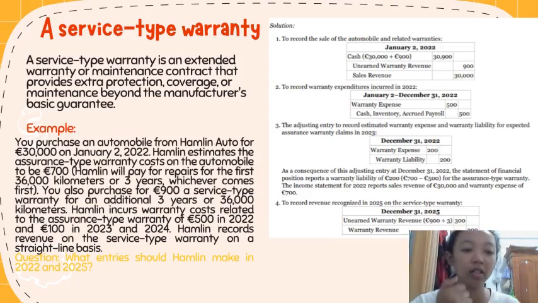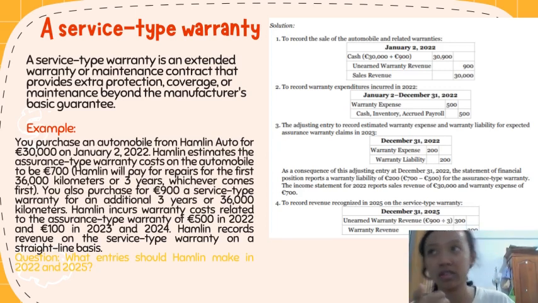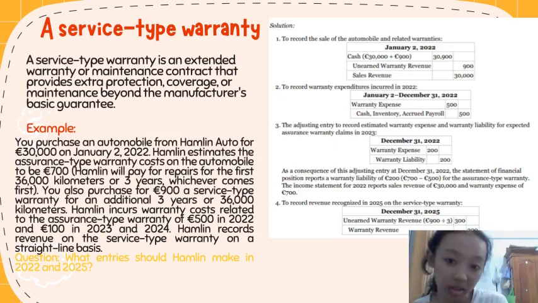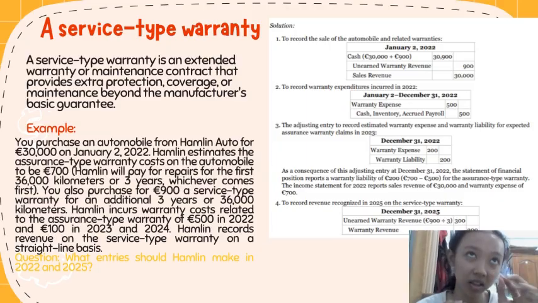So in the first 3 years, Hanlim will warranty your automobile, and the $700 is already included in the $30,000.